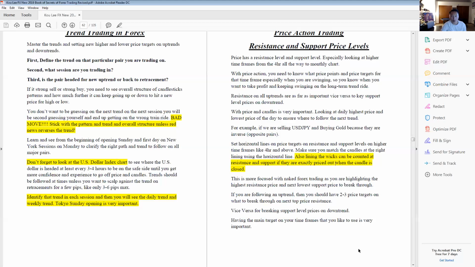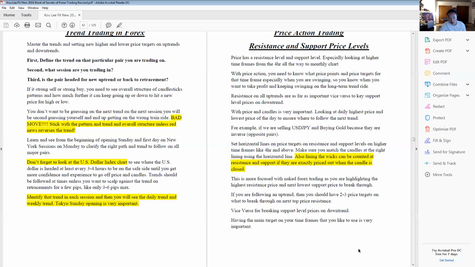So you have to expect that at all times, especially when you're swinging on that trend for so long. And you have to understand that when you swing for that long, you know your price targets, and for every 3 to 4 hours, there's going to be some pullbacks, some retracements, but it creates that structure on the uptrend or the structure of the downtrend, whichever trend you're talking about.